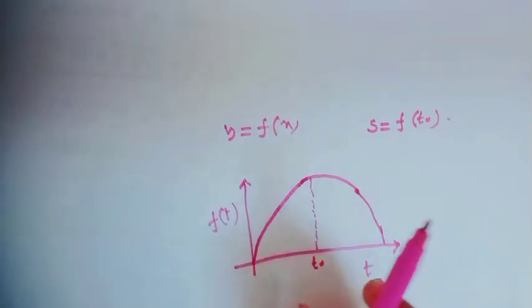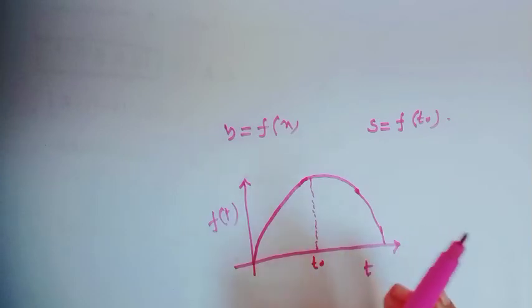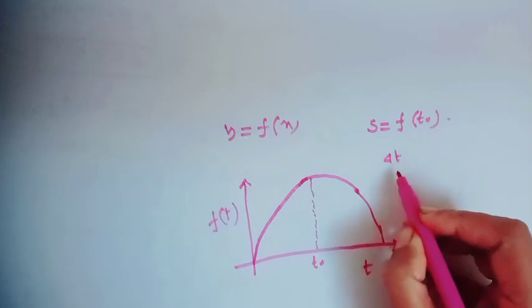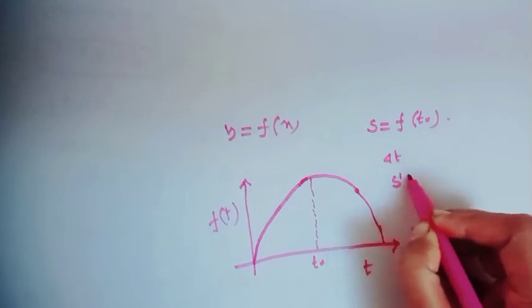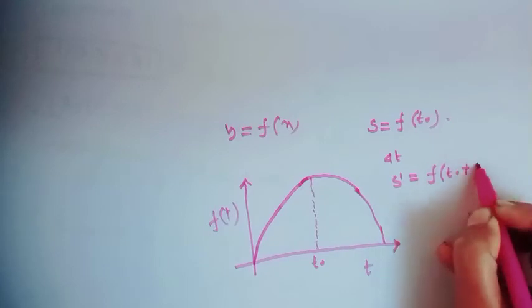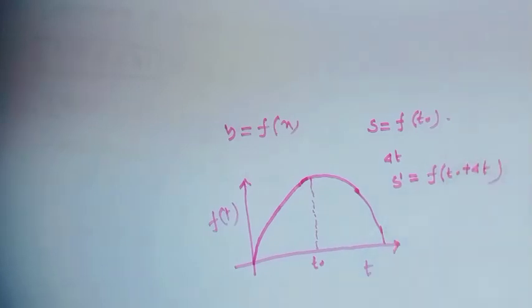After a small amount of time delta t, s dash will be the distance f of t naught plus delta t.